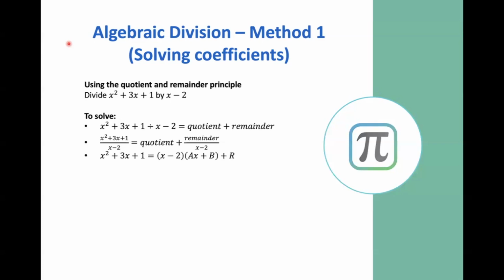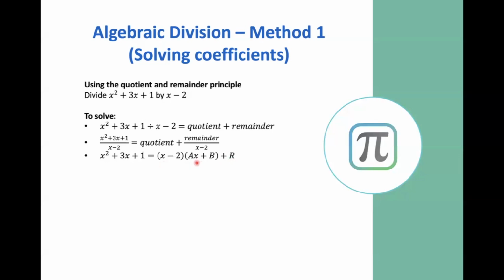If we now multiply each expression in this equation by x minus 2, then we have our initial equations, x squared plus 3x plus 1. Then we have x minus 2, because we've multiplied each term. And then we're solving for ax plus b, and then there's going to be a remainder.